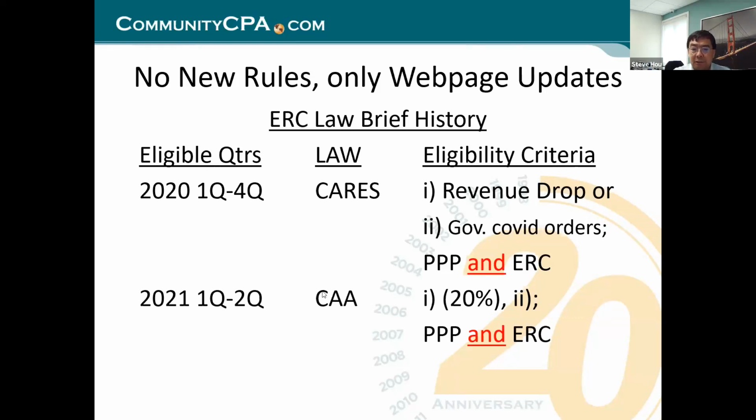Then in December of 2020, Congress passed a new law, the Consolidated Appropriations Act.